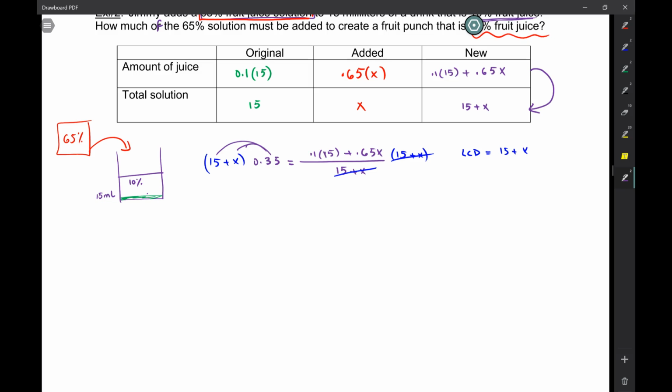How much is that? 5.25, plus 0.35x is equal to 1.5 plus 0.65x.